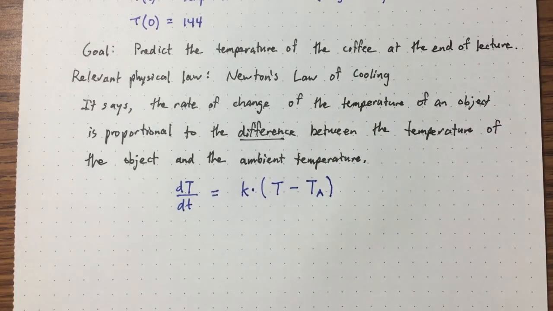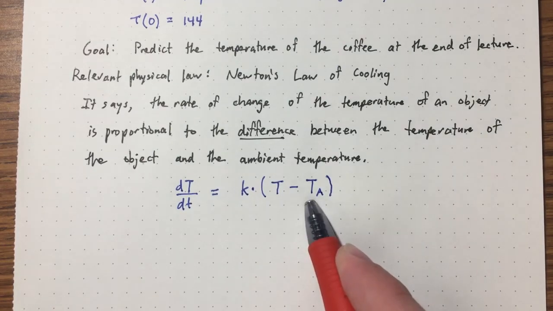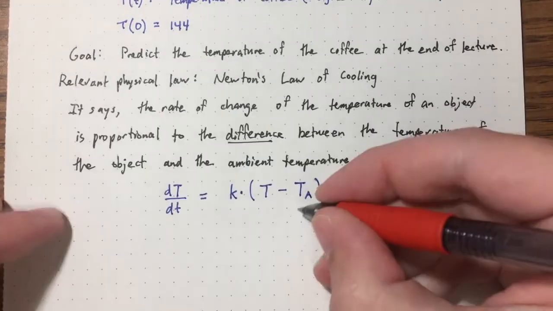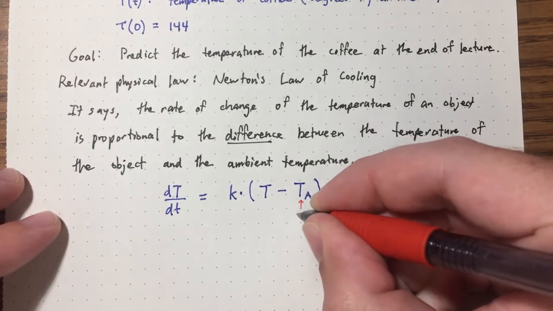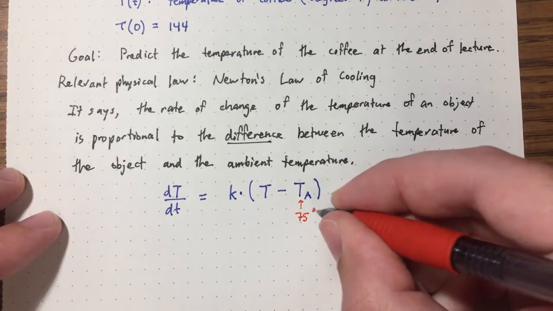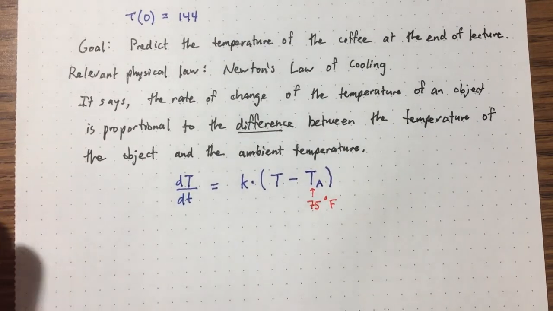Okay, and I mean, technically this could also be a function of time. But in our case, I measured it earlier, and this is actually just going to be 75 degrees for us. So it'll be 75 degrees Fahrenheit. Okay, so that'll just be a constant.